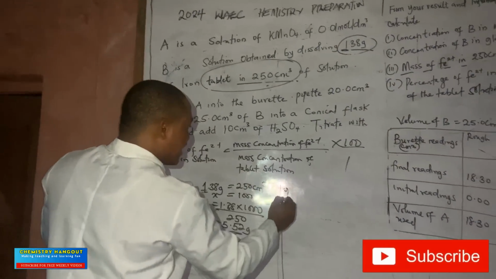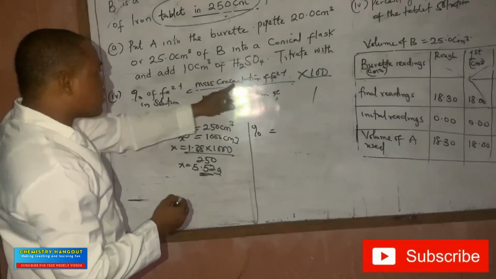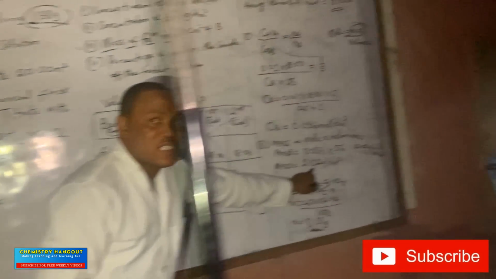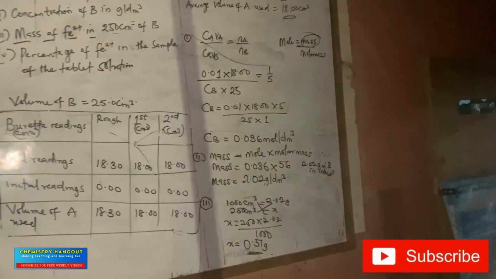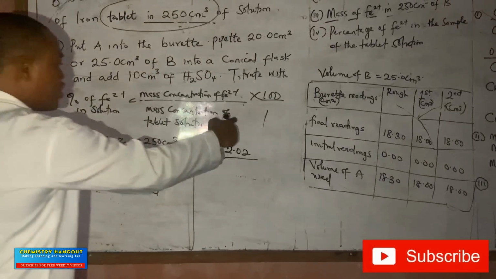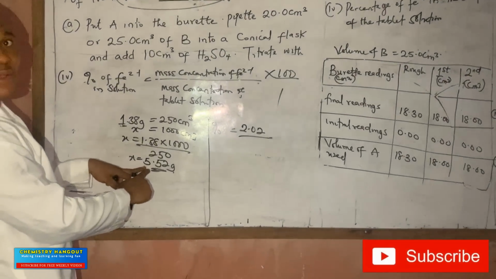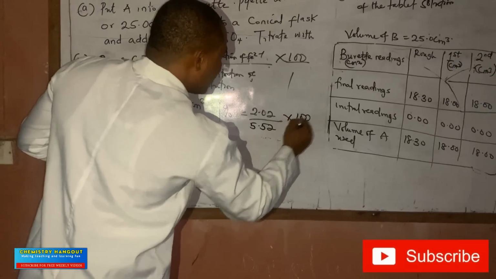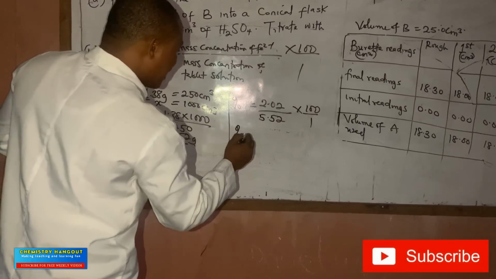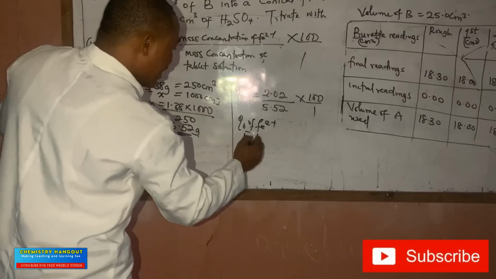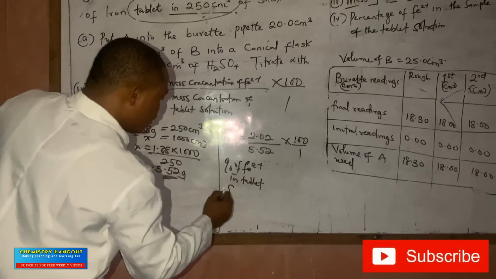So the percentage now will be mass concentration of Fe2 plus. We have gotten that already from our table. Do you see that now? 2.02. So that will be 2.02 over mass concentration of the tablet solution. You have gotten that 5.52, times 100 over 1. So the percentage of Fe2 plus in the tablet solution will be what?